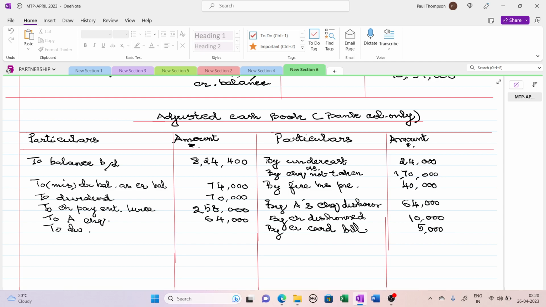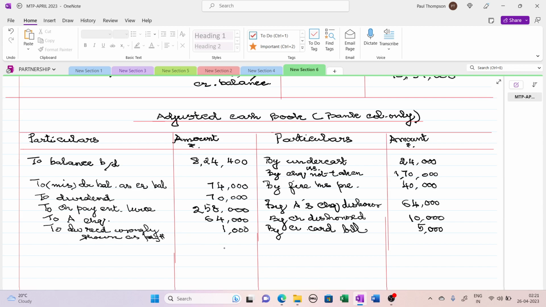Dividend received wrongly shown as payment 1,000. So that I should write here.